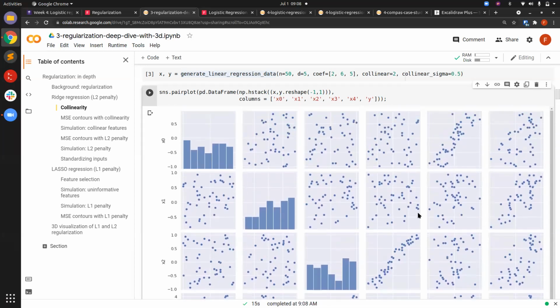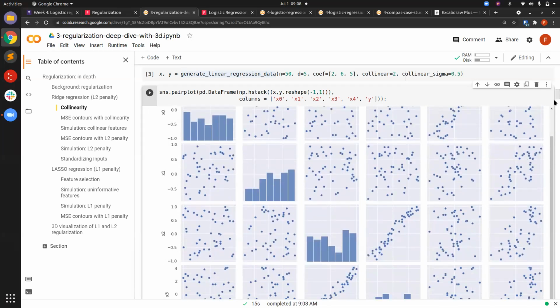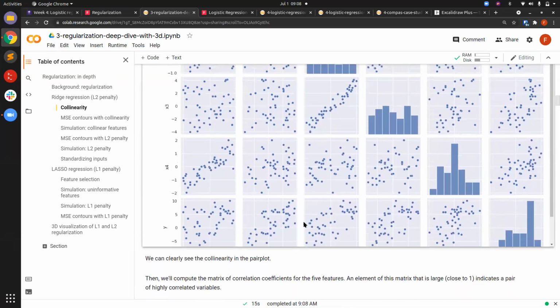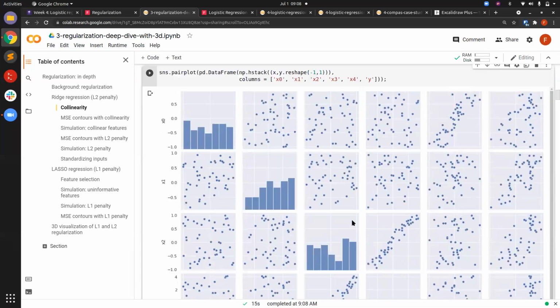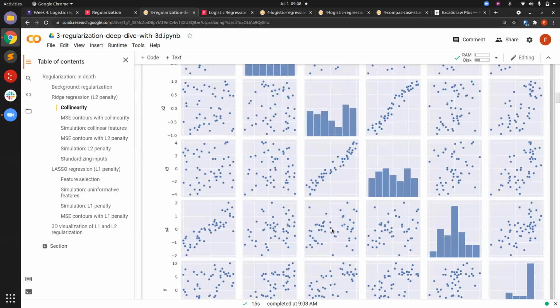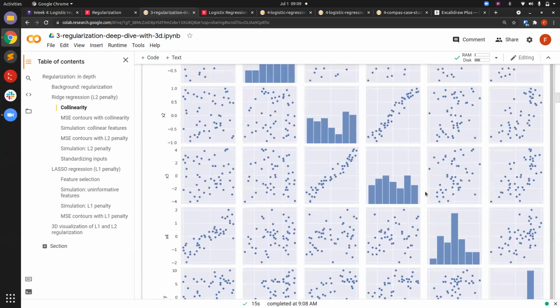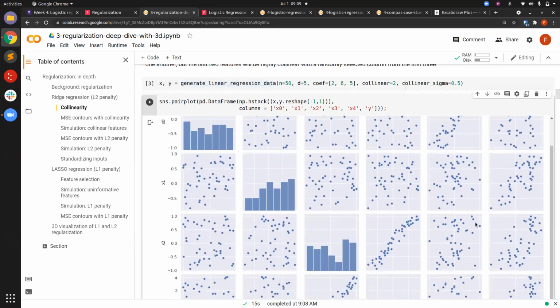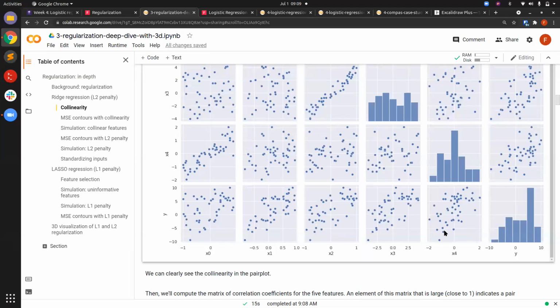Here we can see pretty clearly, if you look at these bivariate plots of each variable against each other variable, this collinearity between x2 and x4. And here's another collinear one as well. So we have 2 collinear features here.